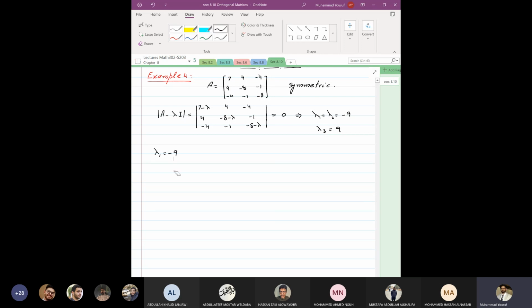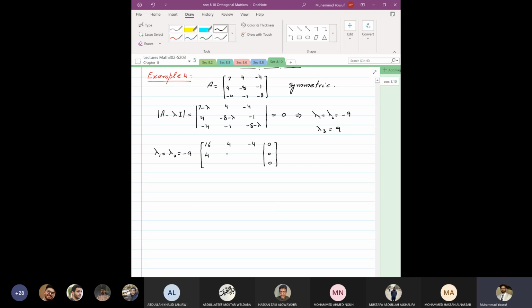What system do we need to solve? 7 minus negative 9 is 16, 4, negative 4, and 0, 0, 0.